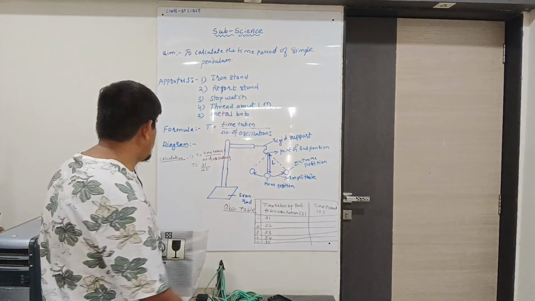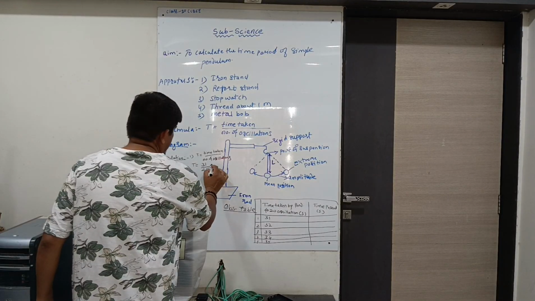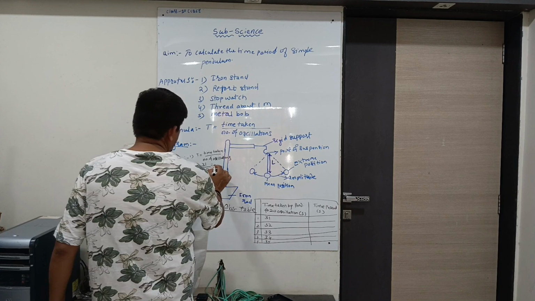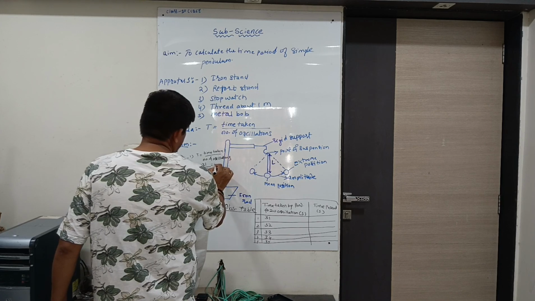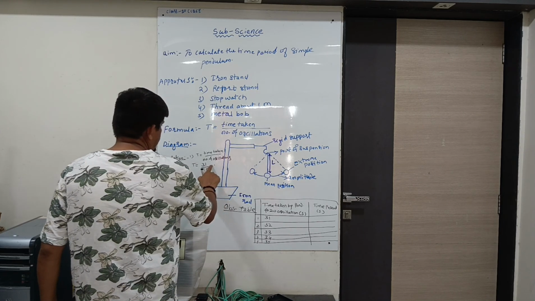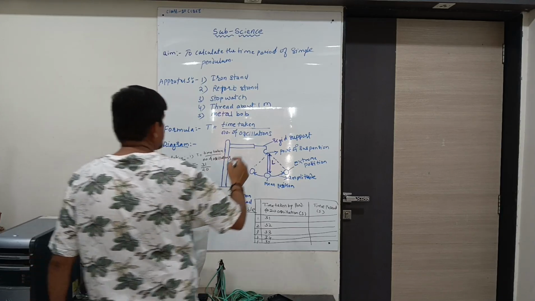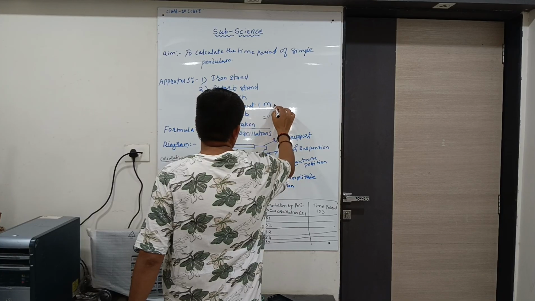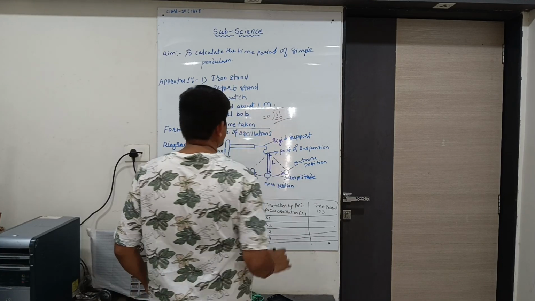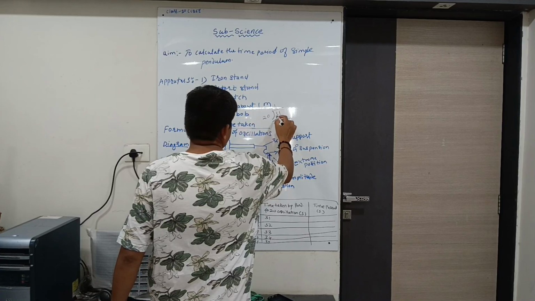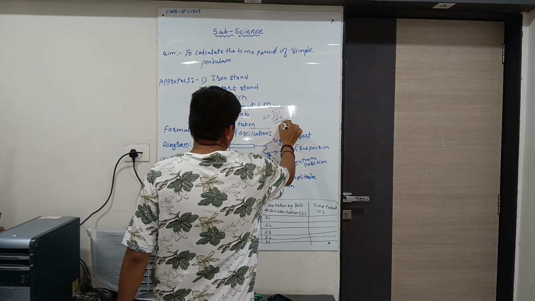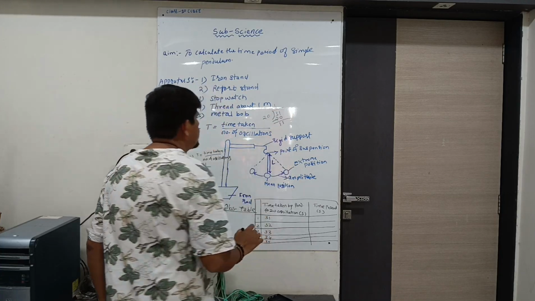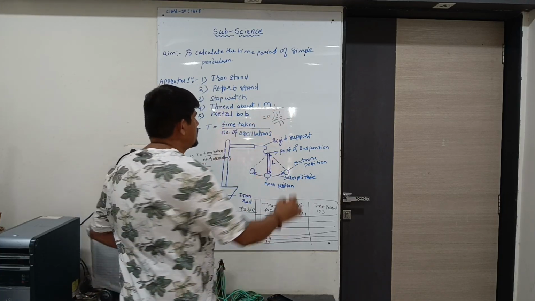So when you calculate it, it comes out to be 1 point... Calculate 31 divided by 20: 20 goes in 31 once, 3 minus 2 is 1, 1 minus 0 is 1. So it is 1.55.